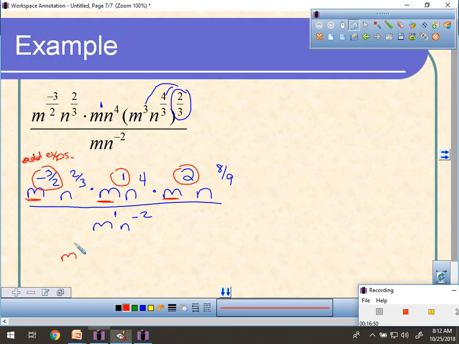So let me go back to the problem again. So this is going to be m to the 3/2, and so now let's talk about the n. So I've got 2/3 plus 4 plus 8/9.